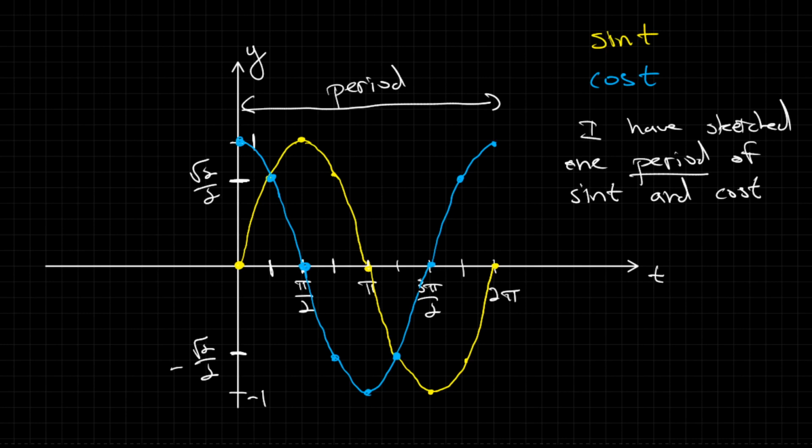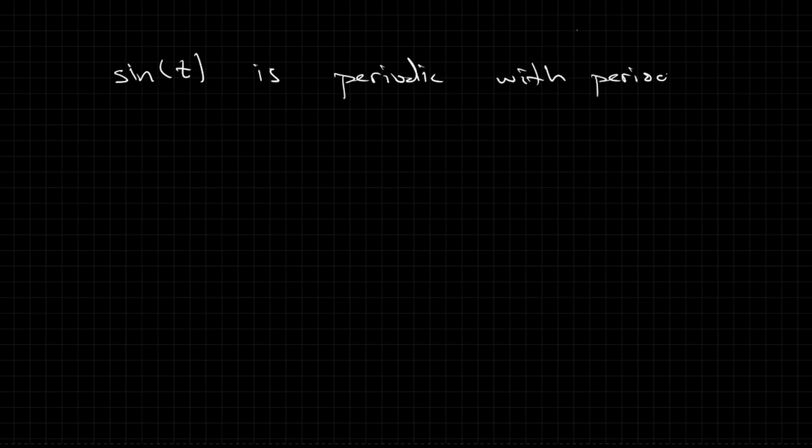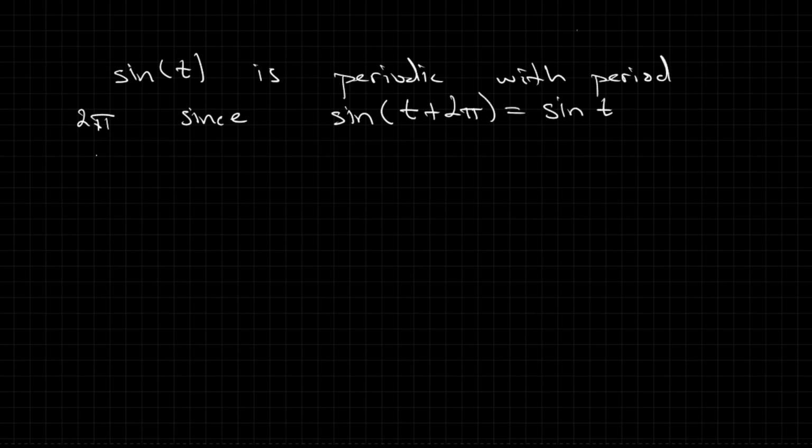Mathematically, I would say that sine of t is periodic with period 2 pi, and the reason being is since sine of t plus 2 pi equals sine t for all t.